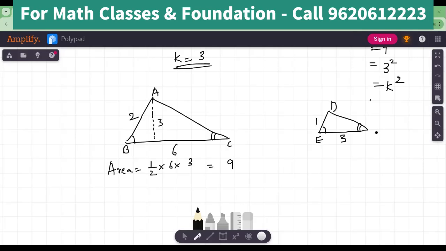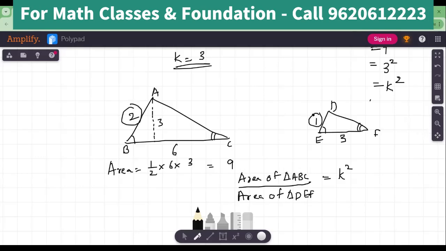I'm giving names to these triangles. So now what do we know? We know that the area of triangle ABC divided by the area of triangle DEF is equal to K squared, the proportionality constant. What is the proportionality constant here? This is 2 times, right? So it's K squared, that is 2 squared, that is 4.